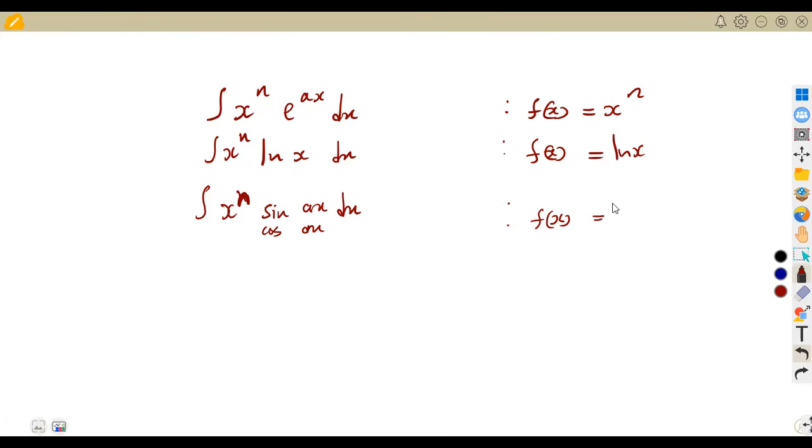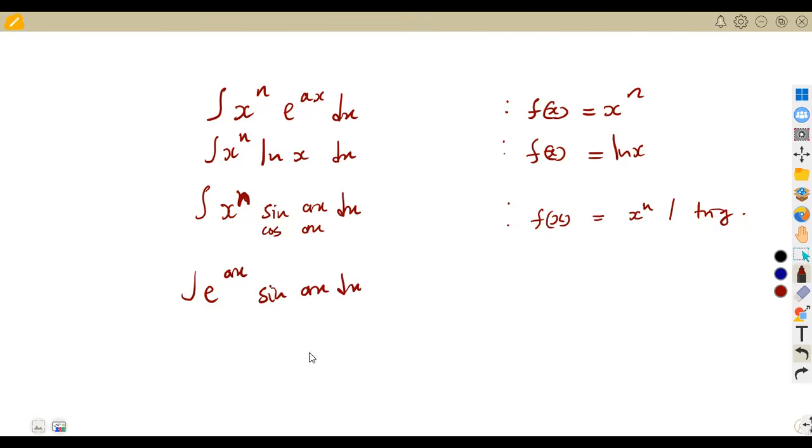We can make our f of x a trigonometric function when it is like that, all right? Then, when given e, because it can be an exponential, e to the exponent of ax, and a trig function, maybe it's sine, it's cos, whatever that you're given.